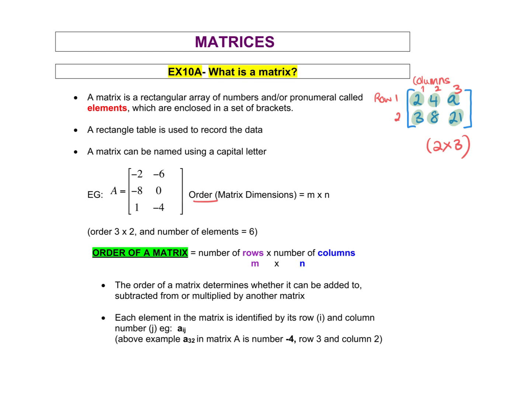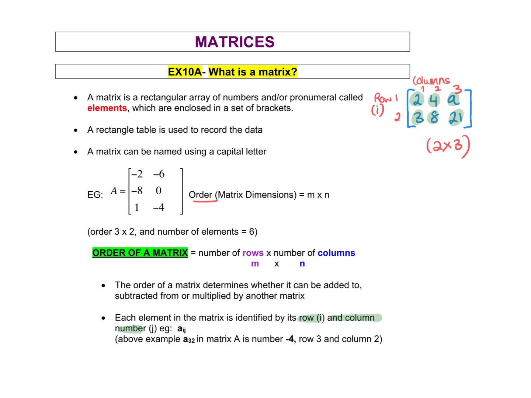Okay, now this is the bit that people find a little bit tricky in the exam style questions. Each element in a matrix is identified by its row number and its column number. If you're talking about the row number, they call it the i.